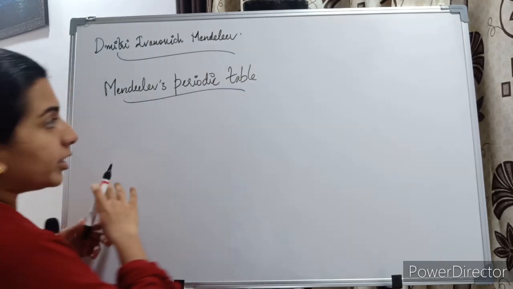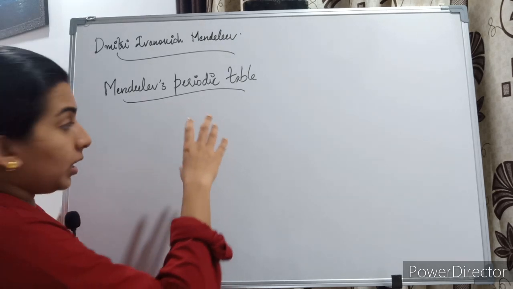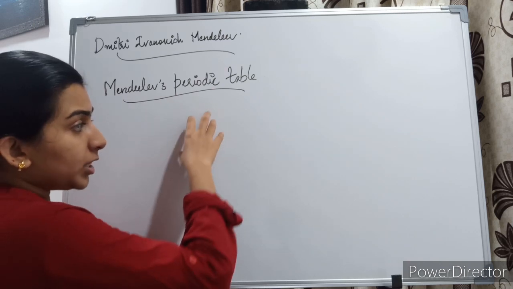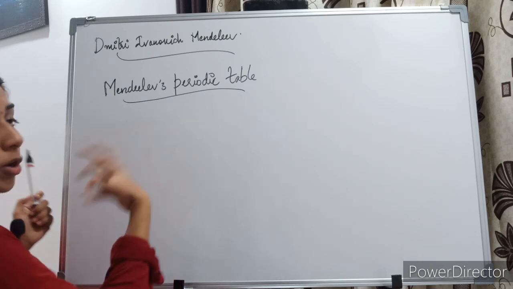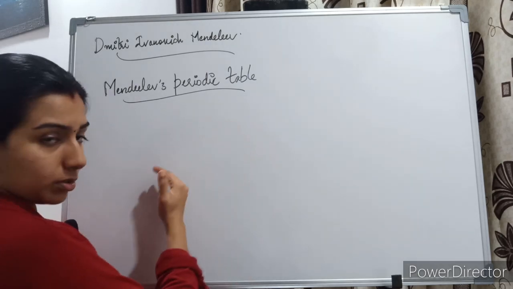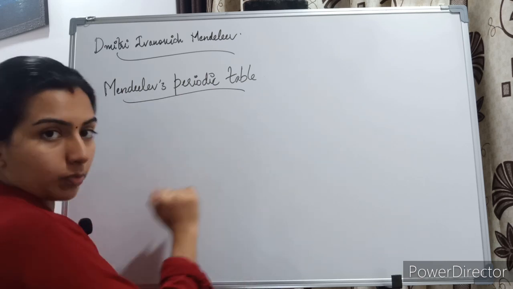He just took 63 cards and wrote the properties of one element in each card, and he sorted out which elements had the same properties, and then pinned them onto the wall.